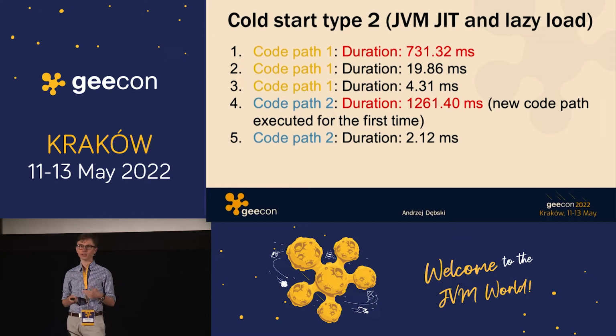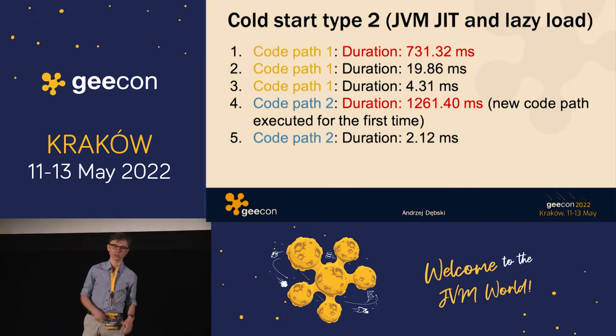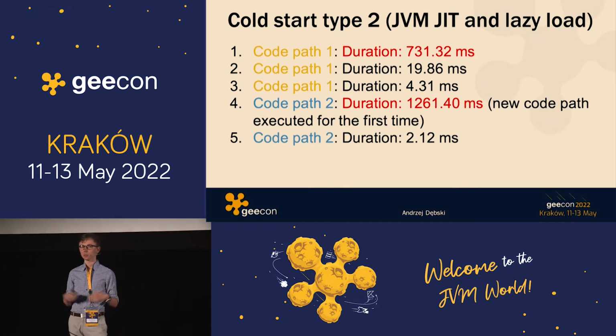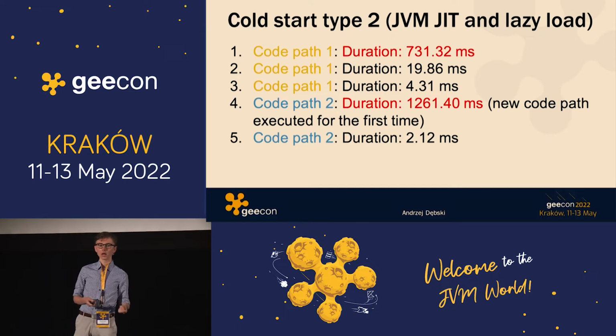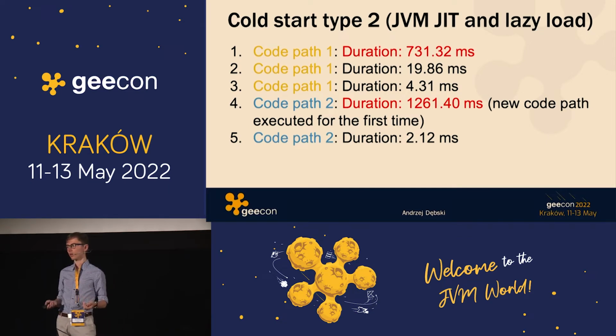And the second thing is that the JIT compiler could have assumed that the other code path would never get executed. So it made some speculative optimizations that it now needs to roll back. But the second request to code path 2 is again much faster, 2 milliseconds.